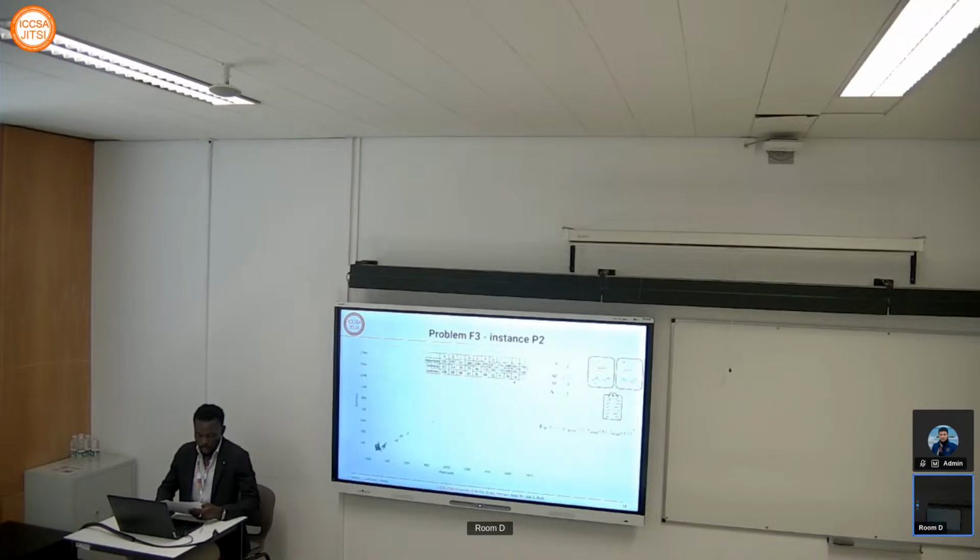These are the results of instance P2. 11 non-dominated solutions were found. It should be noted that there is no solution with tardiness equal to zero. That is, the customers' delivery dates cannot all be satisfied simultaneously.